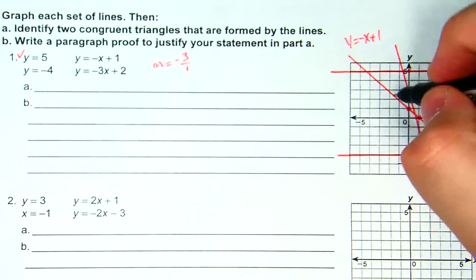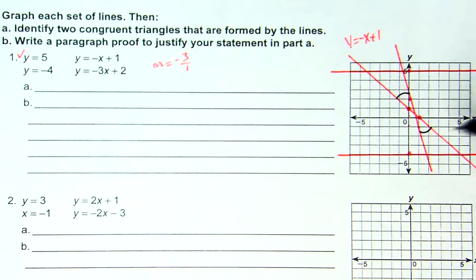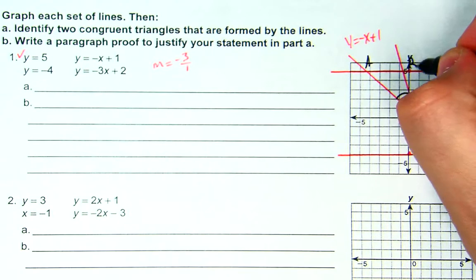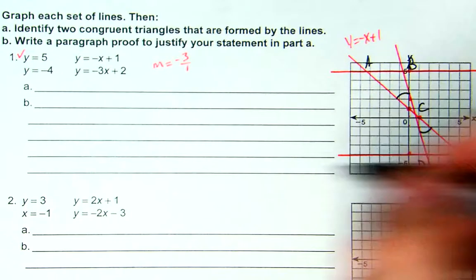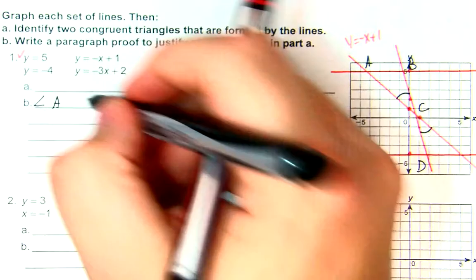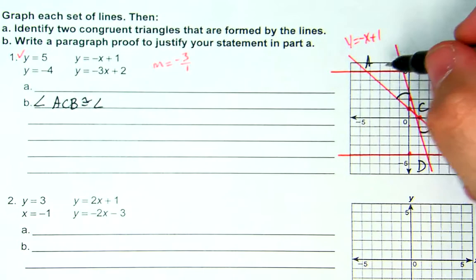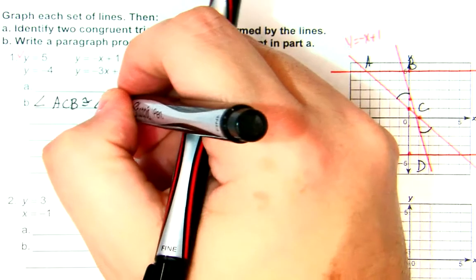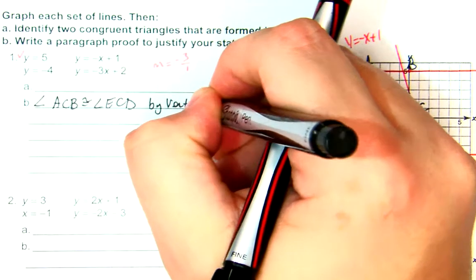So this angle here is congruent to this angle here by vertical angles. So if I label that point A, B, C, and that's D and E, I can say that angle ACB is congruent to angle EDC or ECD by vertical angles.